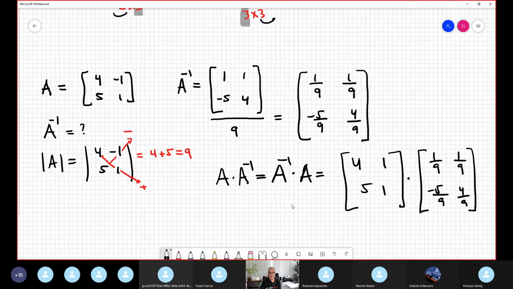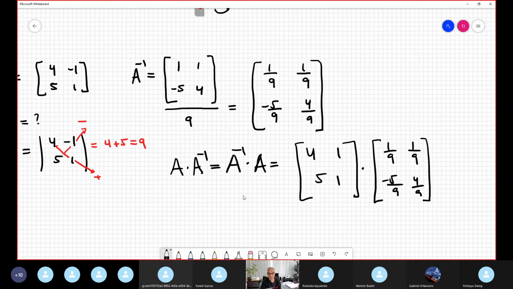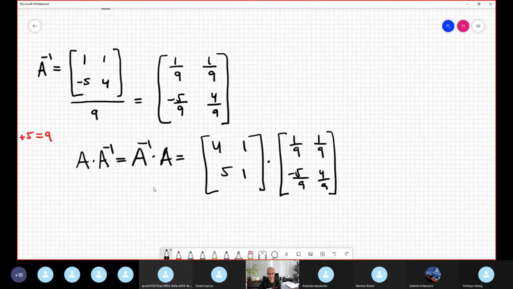Okay. How do you multiply matrices? You multiply the first row times the first column. So you get 4/9. The dimensions match because this is 2 by 2 and this is 2 by 2, a perfect coincidence, and you expect a new matrix that is 2 by 2.